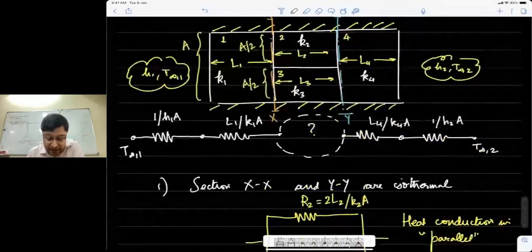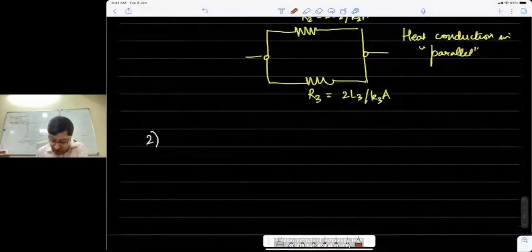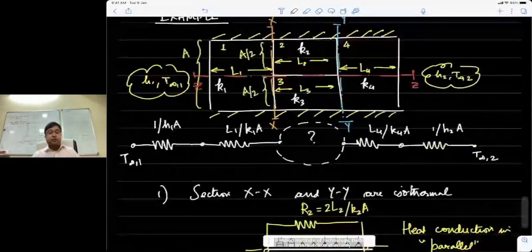The second case is where I can define another section, and let me say I will draw it passing through the interface of 2 and 3. So I will draw a section like this. Let's say this is section ZZ. So I'm looking at this section now, the one that divides the problem into two parts.